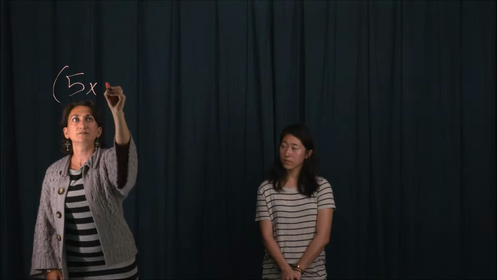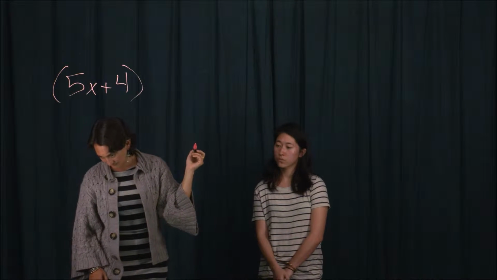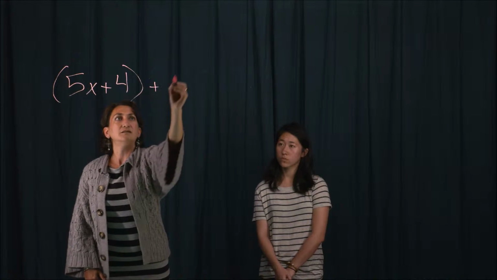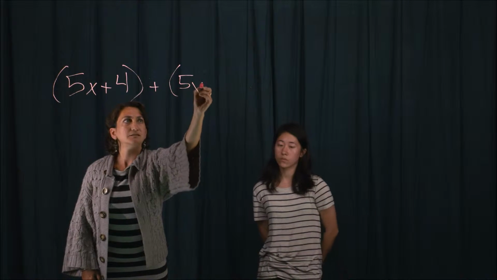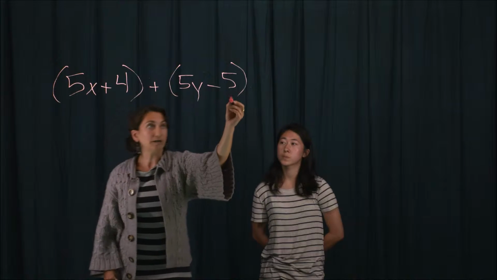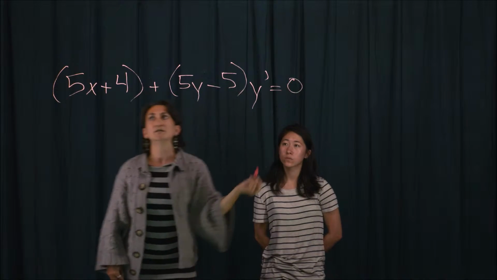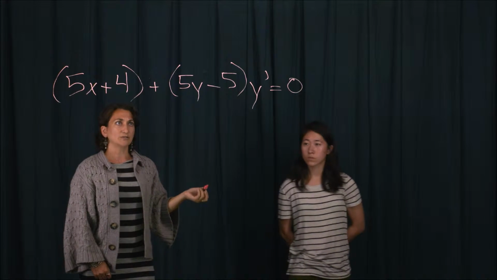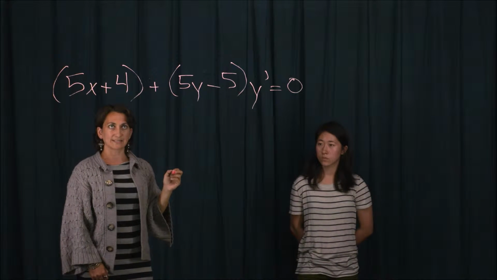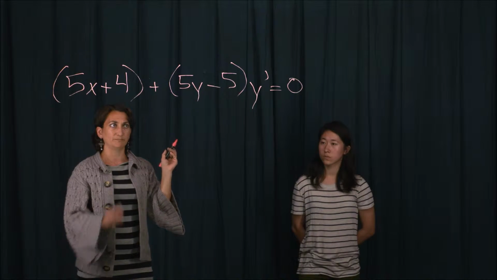So our equation is 5x plus 4 plus 5y minus 5 y prime equals 0.